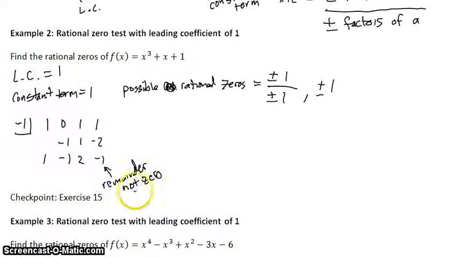So it's not a 0. So this is not a 0. So now I'm going to check the other one. I'm going to check a positive 1. So 1, 0, 1, and 1.